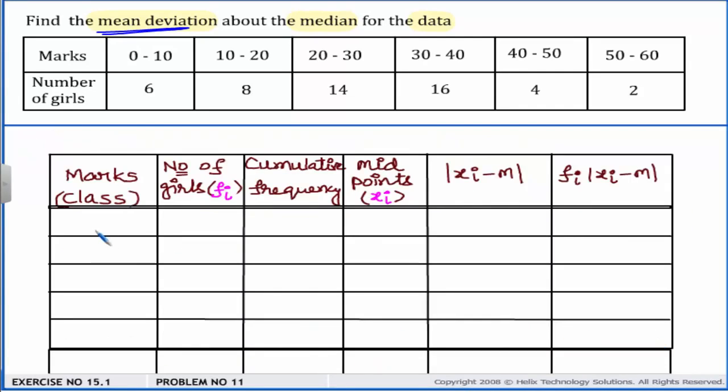Here is the tabular form. In the first column, we have marks, which can be considered as class, and in the second column we have the number of girls, which can be considered as fi.